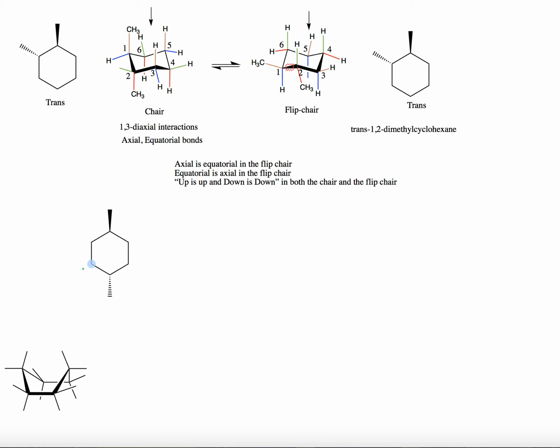This is a trans, so I'm gonna draw it over here, trans. So if we want to determine the most stable conformation of this compound, first thing we're gonna draw is the chair conformation. So we can draw a chair. I'll draw the chair with you guys here, so I show you how to do this.